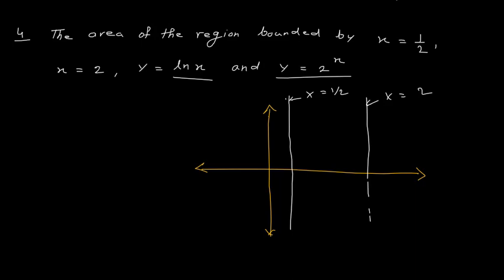If you plot, log means ln x, log 1 is 0, so when x is equal to 1, its value is 0, and the value of x cannot be less than 0, so the curve will be something, this is a logarithmic curve, the curve will be something like this.